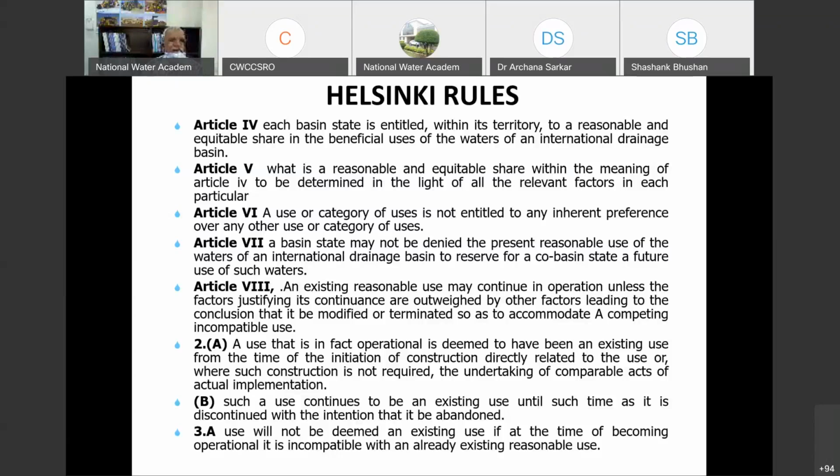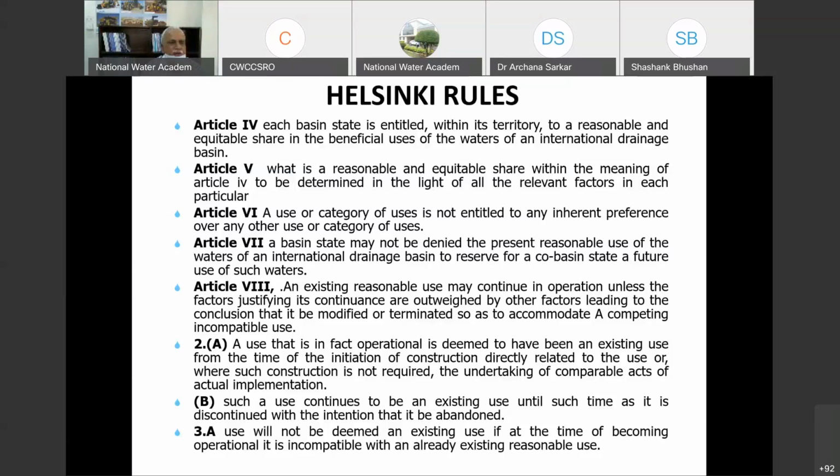Each basin state is entitled, in international terms a country, to a reasonable and equitable share in the beneficial uses of water of an international drainage basin. And equitable share is to be determined in the light of all the relevant factors.